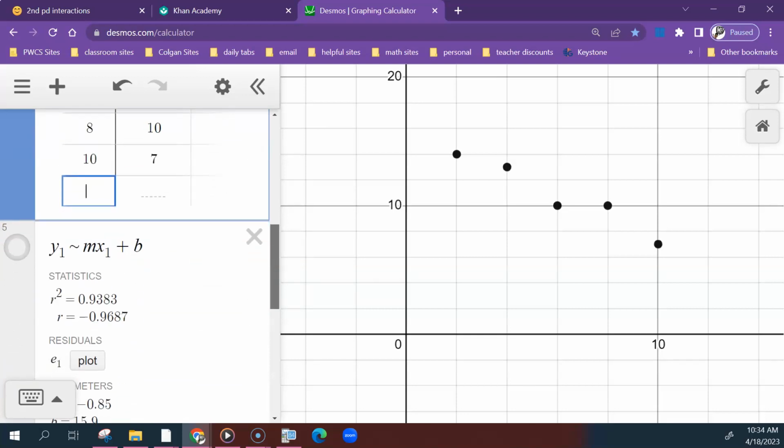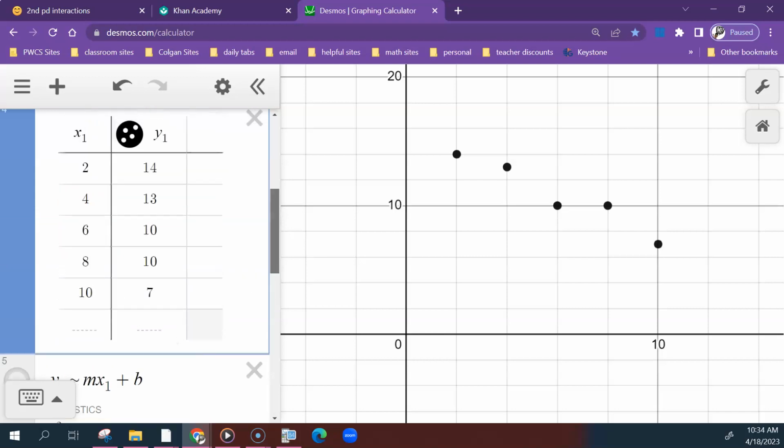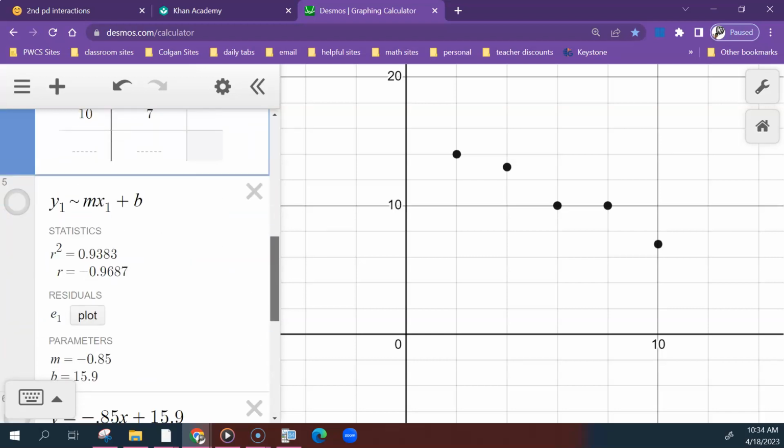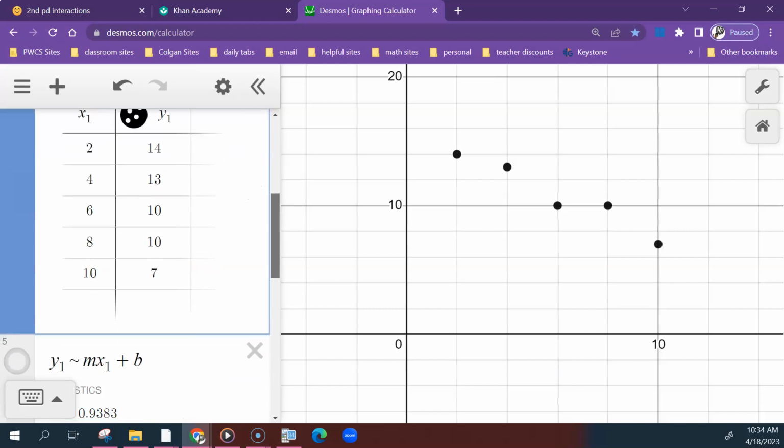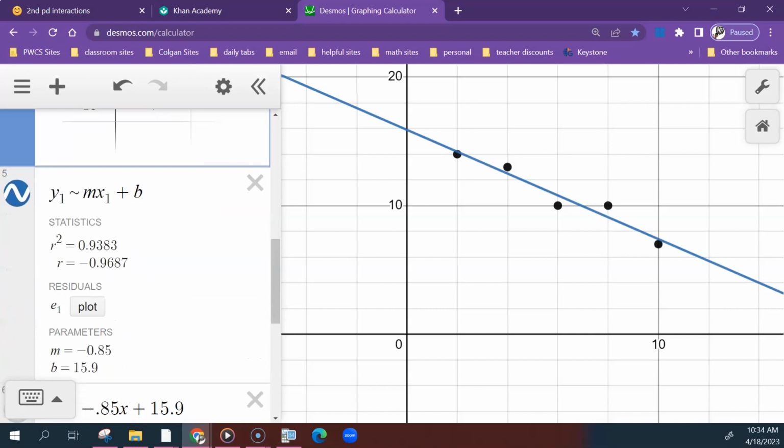Then you need your regression equation, so you're going to type in an equation that looks similar to your line of best fit, your linear equation, y equals mx plus b, but not at the same time, because you need y1 from the table, x1 from the table, and a squiggly line instead of equals. When you type that in, it's going to give you m and b.